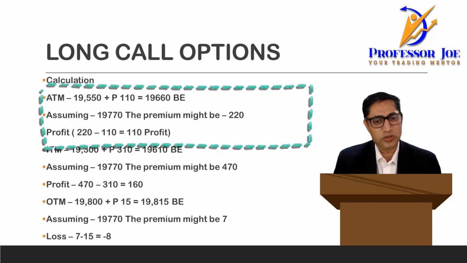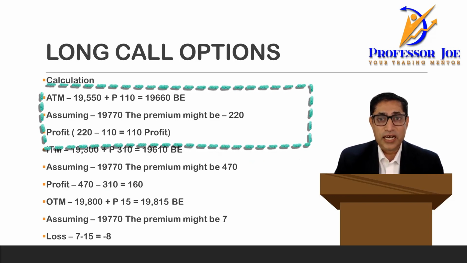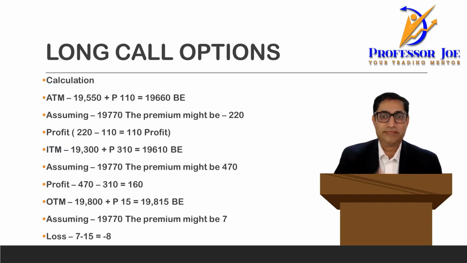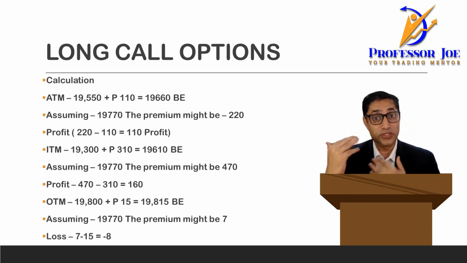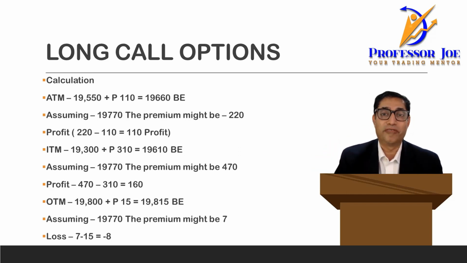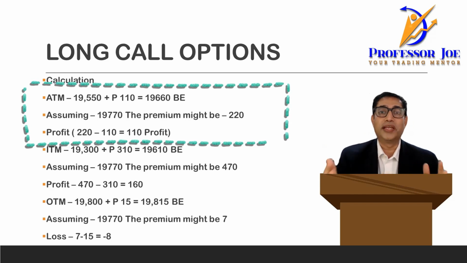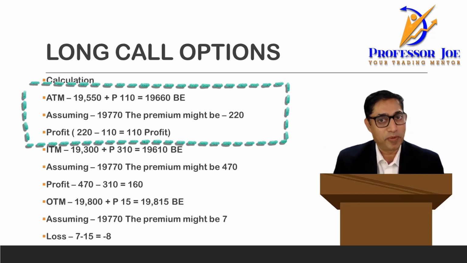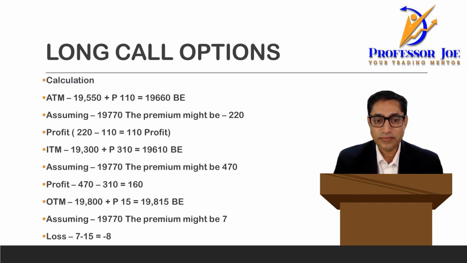Assuming that the underlying asset price moves to 19,700, this premium will also increase and it will become 220 rupees. So you entered at 110. The current premium after the price goes up is 220. So you have made a profit of 110 rupees. You can immediately exit the market with a profit of 110.